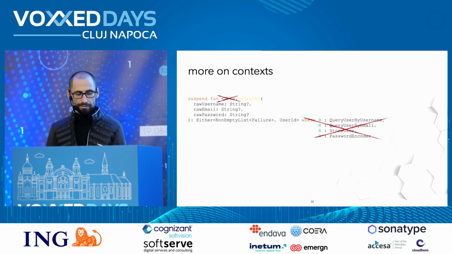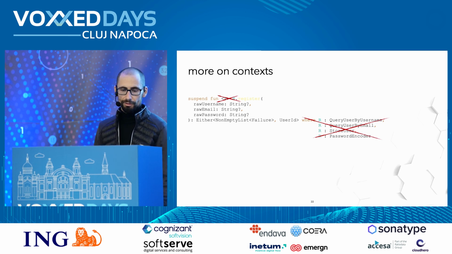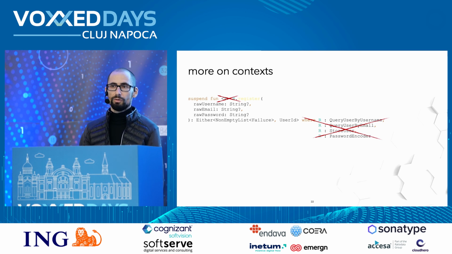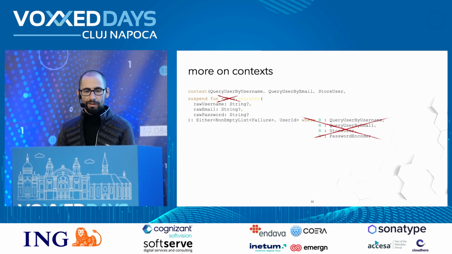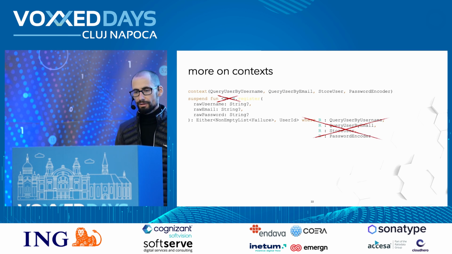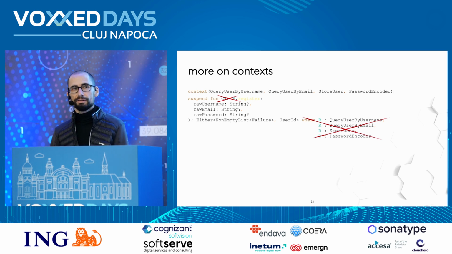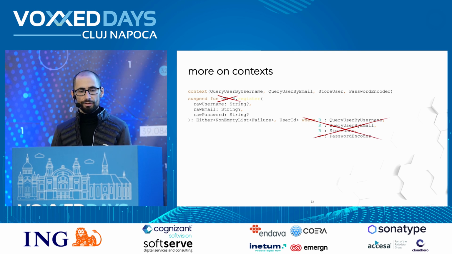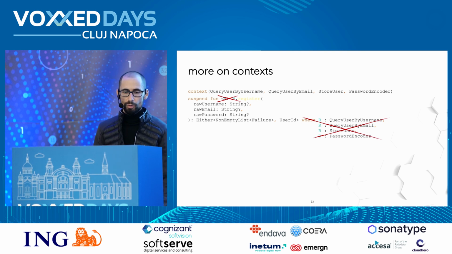And Kotlin did a very cool thing. From 1.6.20, they released something called context receivers, and all of this plumbing that we did earlier is no longer necessary because we can use the context keyword, and inside the context keyword I can specify all of the types that are required for this function to be able to work.